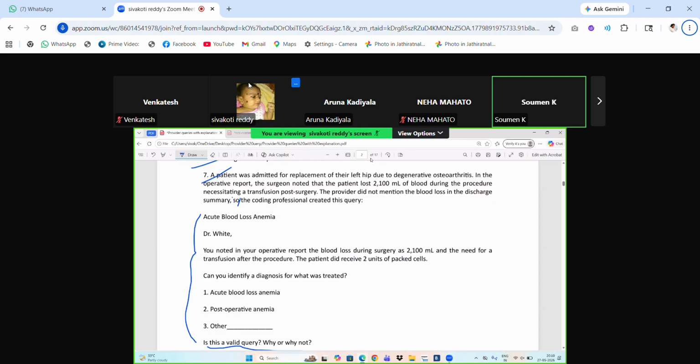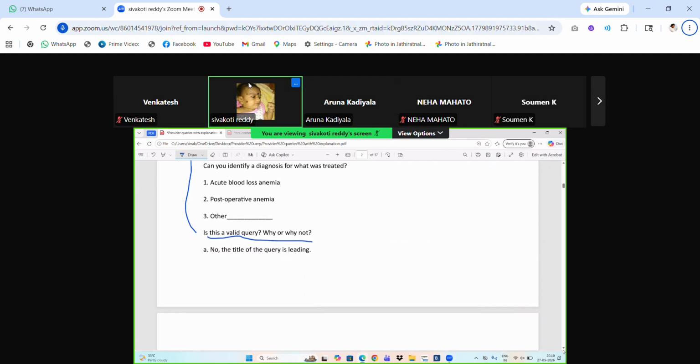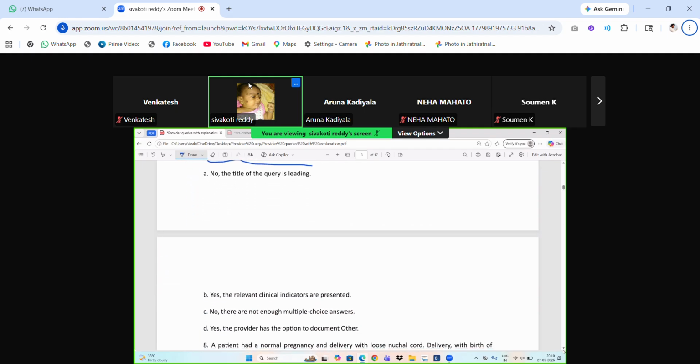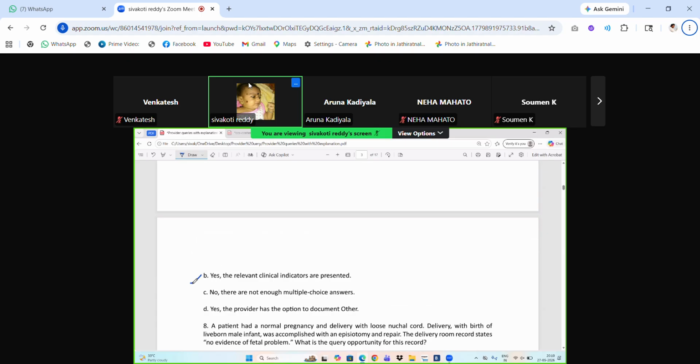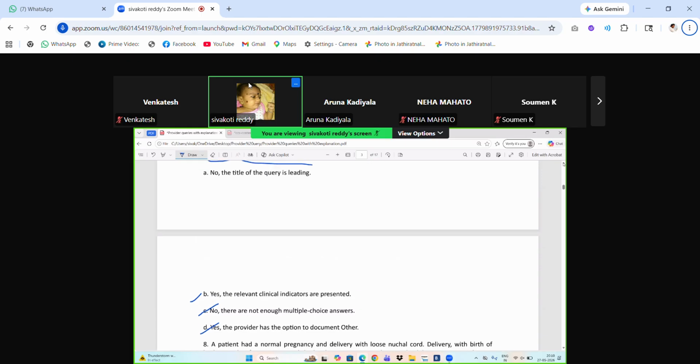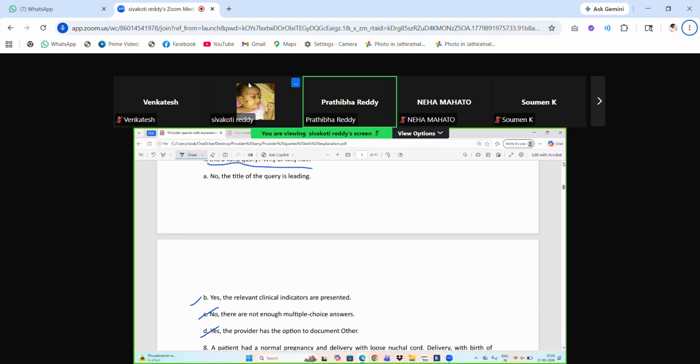We see the options. First one: no, the title of the query is leading. Yes, the relevant clinical indicators are presented. No, there are not enough multiple choice answers. Yes, the provider has the option to document other. What is the relevant answer? Relevant clinical indicators are presented.